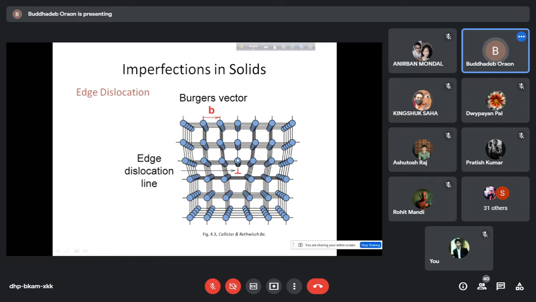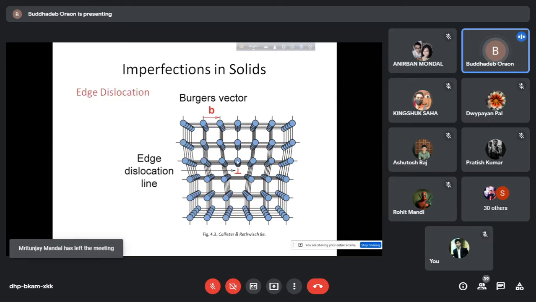The atoms which are lying in this line, which is perpendicular to this plane, are actually the dislocation line. So the dislocation line is perpendicular to this page, and of course you can see the Burgers vector. So the Burgers vector and the dislocation line are perpendicular. This is another criterion.